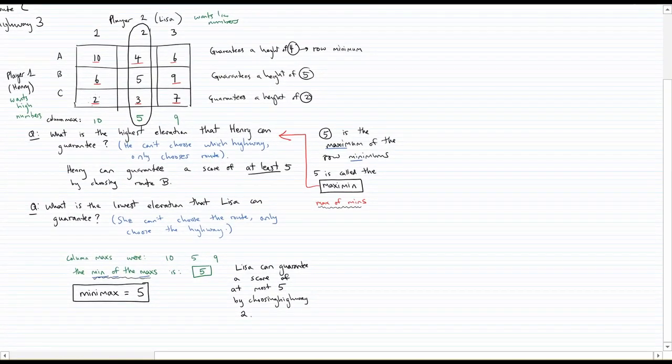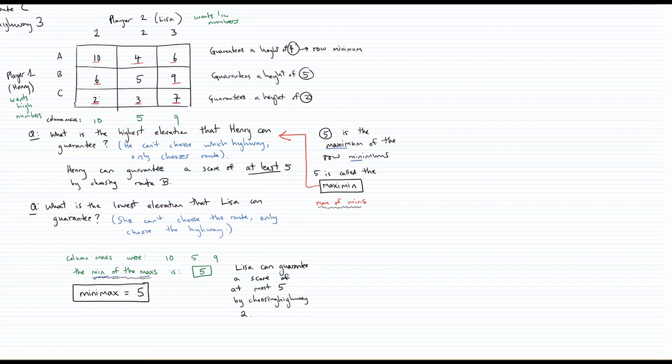Okay, so all of this is to say that if both Henry and Lisa want to play relatively safe, they don't want to take any risks, they just want to guarantee themselves a value that they can bank on, then Lisa should be choosing highway 2. That's her minimax strategy, to choose the column that gives the minimax value.